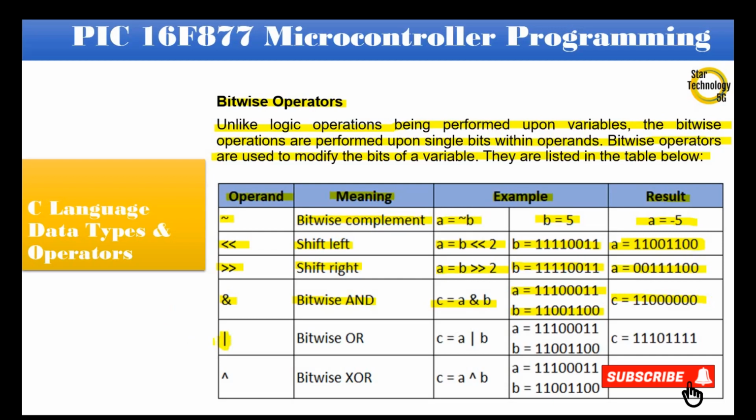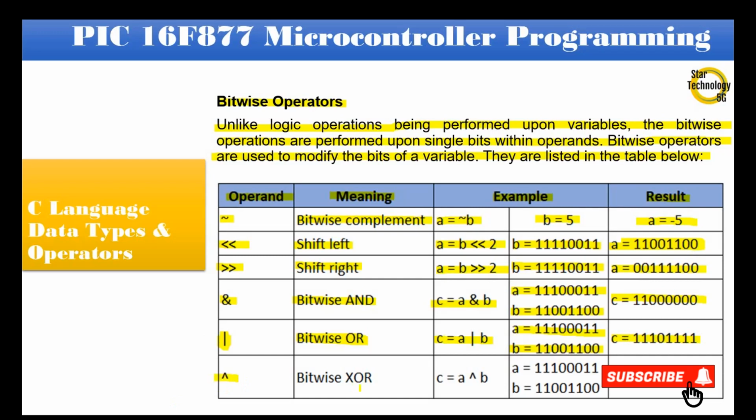Operand vertical line, meaning bitwise OR. C equals A or B. It will perform an OR operation with A and B and store the result in C. If A equals 11100011 and B equals 11001100, result is C equals 11101111.